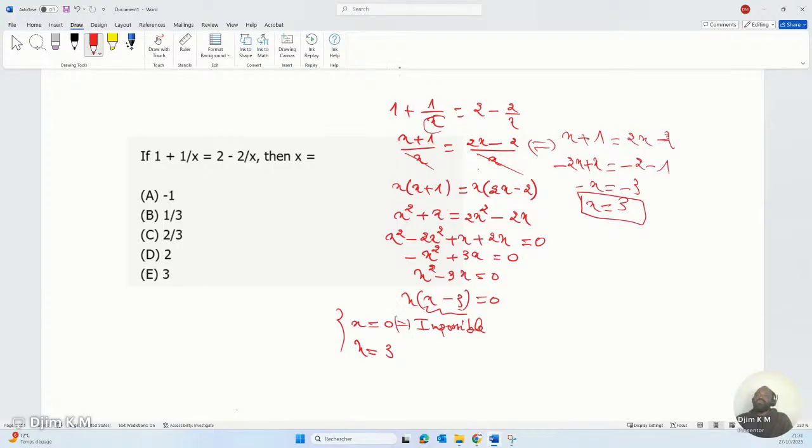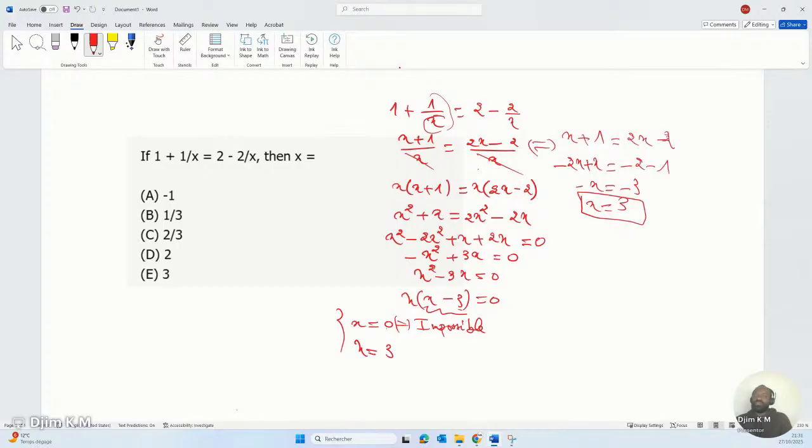But it's also important to know the rule here. In this particular question, x cannot be equal to 0, because when we check our possible solutions and replace x by 0, we will have an impossibility.